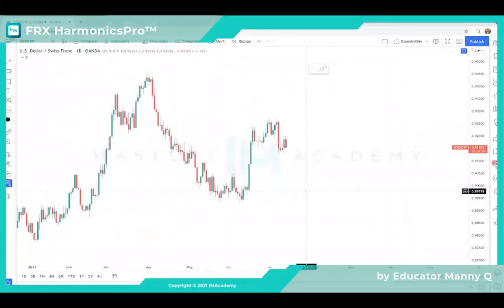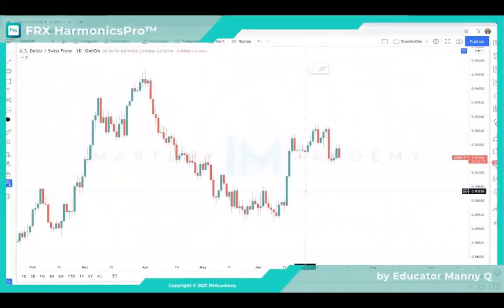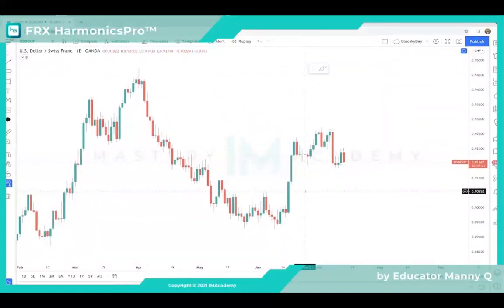All right. So what I'm going to do right now is I'm going to look for candlestick patterns. Okay, we have a daily bearish engulfing candlestick right over here. Okay, so we're going to analyze that. We also have another very strong bearish engulfing candle happening right over here. We're going to take a look at that.